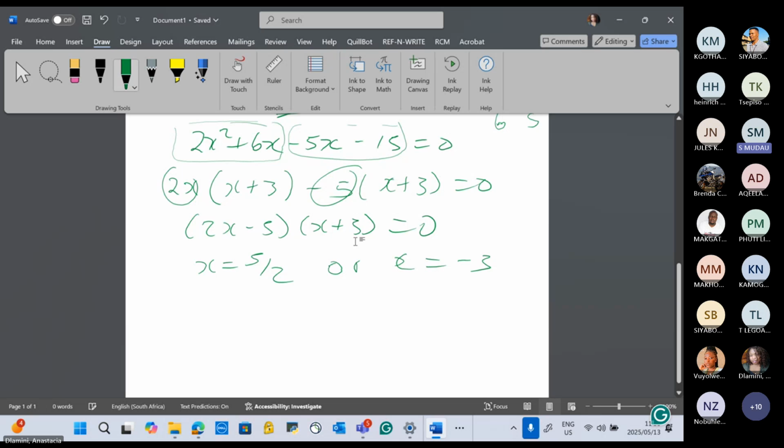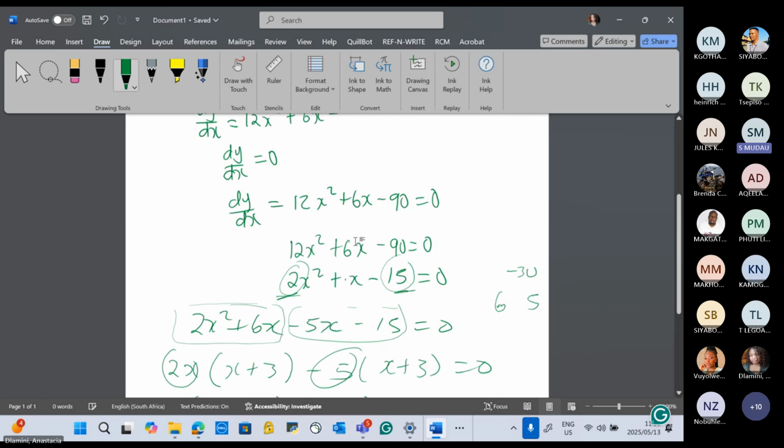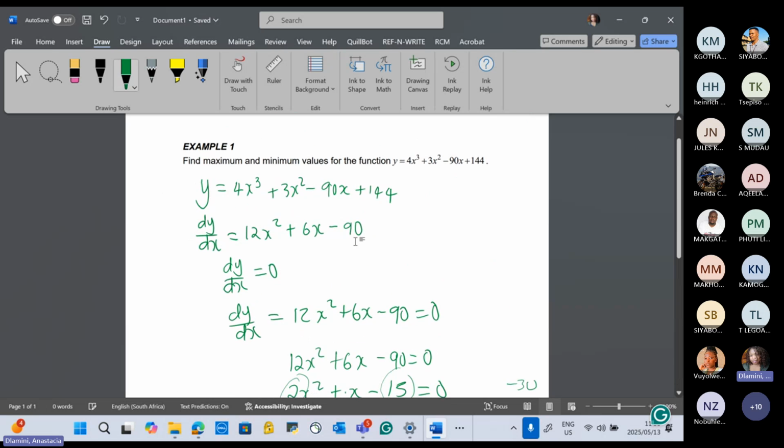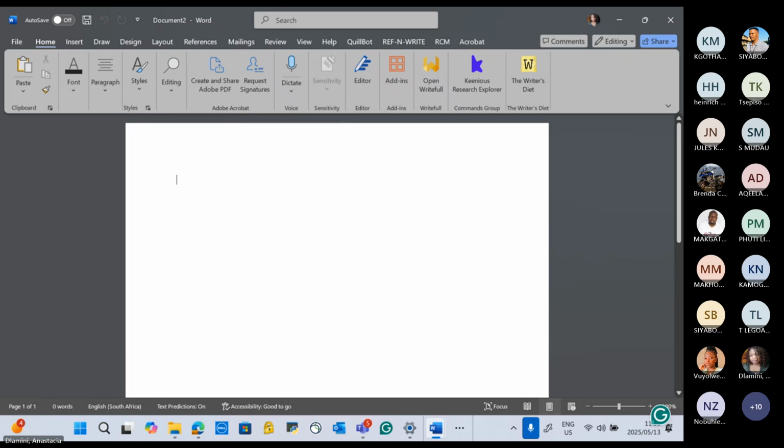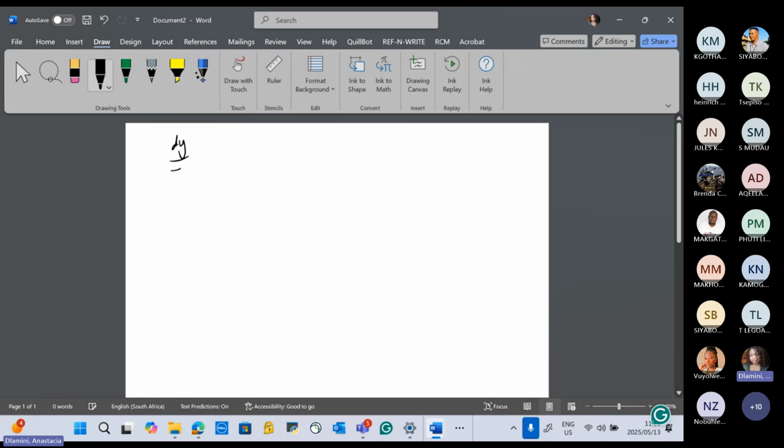We differentiate the equation a second time. So let's differentiate. We know that our first derivative, dy over dx, was equal to 12x squared plus 6x minus 90.